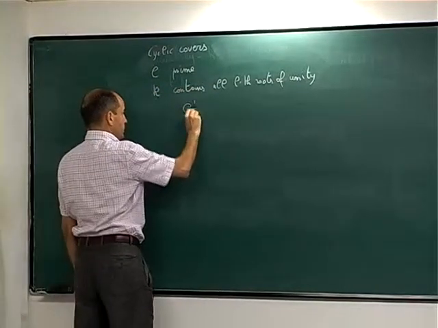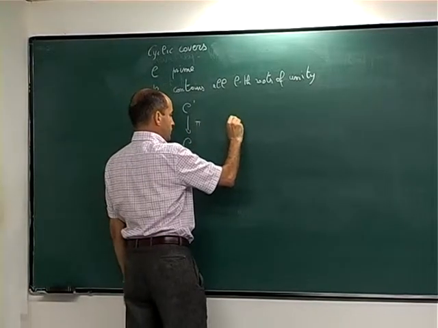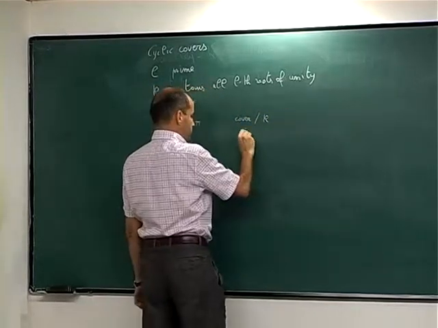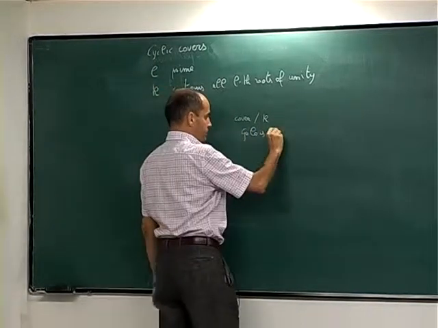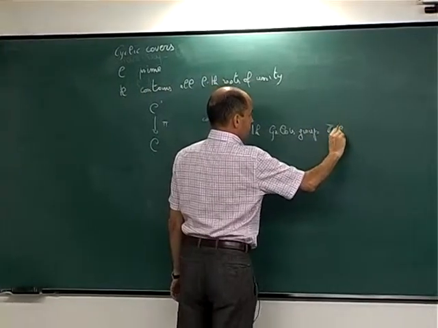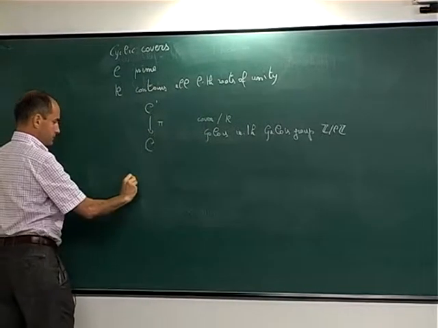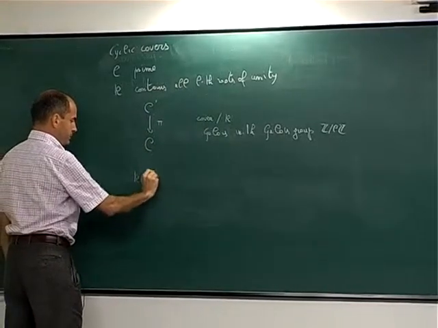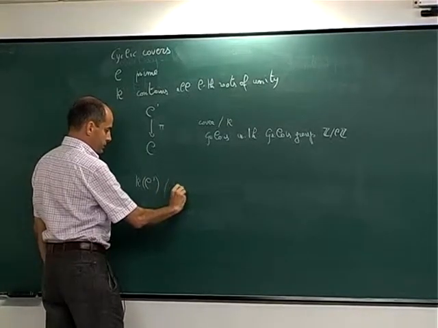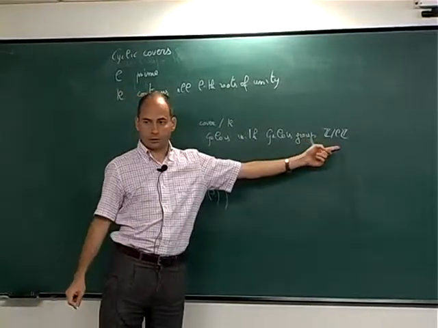Now, if we have a cover phi: C prime to C, defined over K and Galois over K with Galois group isomorphic to Z modulo LZ, then this means that the function field K(C prime) can be viewed as an extension of K(C), and precisely it contains the field phi star of K(C). This is a Galois extension with Galois group Z modulo LZ.